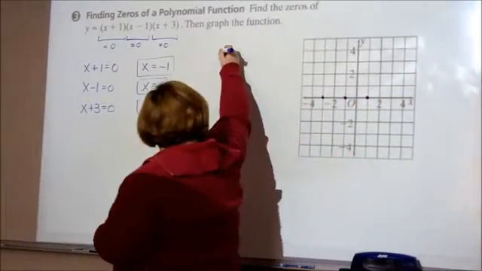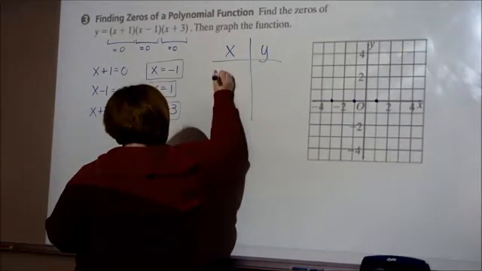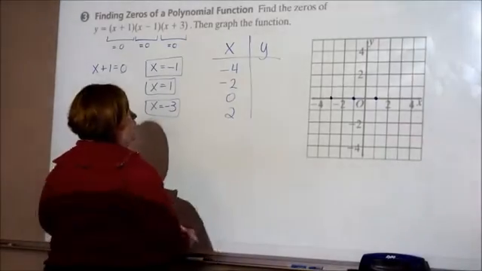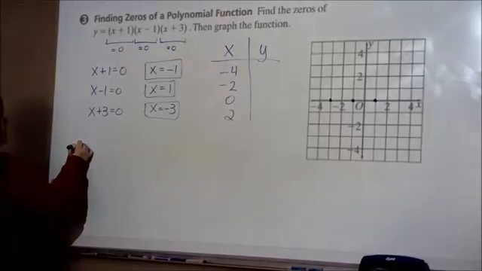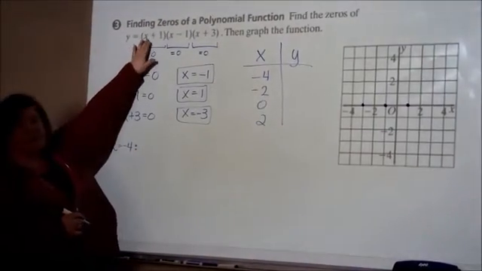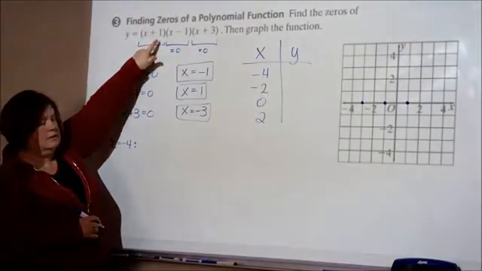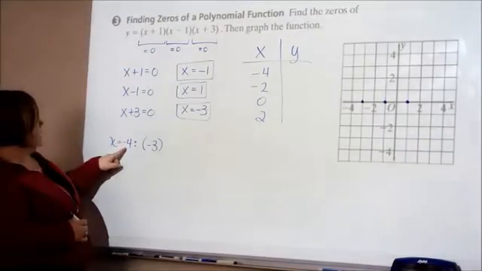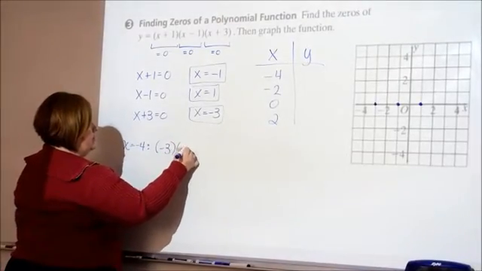Okay, so I'm going to make this little chart of x's and y's. And I want to know -4, -2, 0, and 2. So the first thing I'm going to do is plug in x is -4 up here. So if I do that, I have -4 plus 1, which would give me -3. -4 minus 1 is -5.